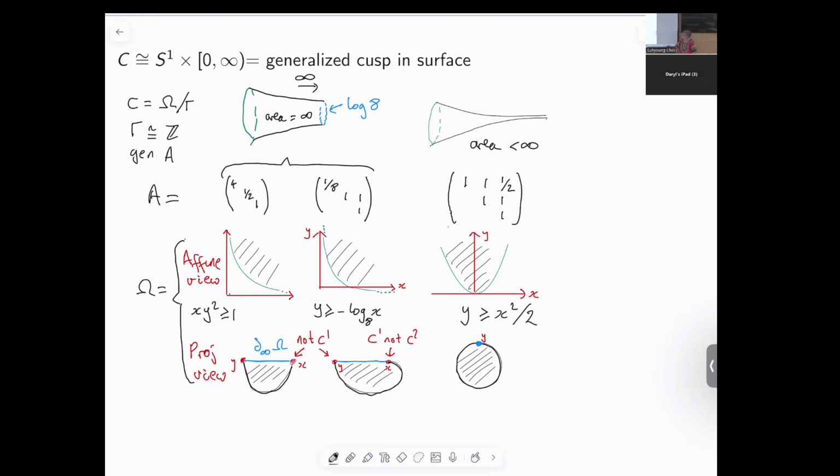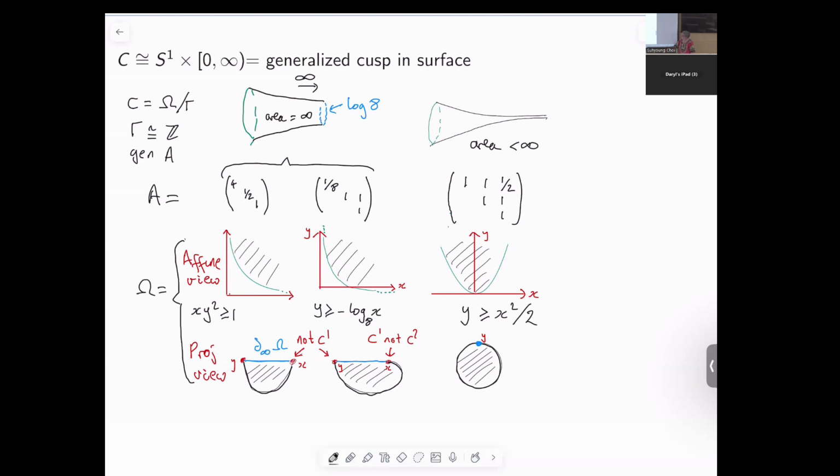If you look at these spaces in projective space, in blue we've got this projective line at infinity. And in this case, the domain, projectively, has this segment called the boundary at infinity of omega, and the boundary of omega comes in transversely to it.